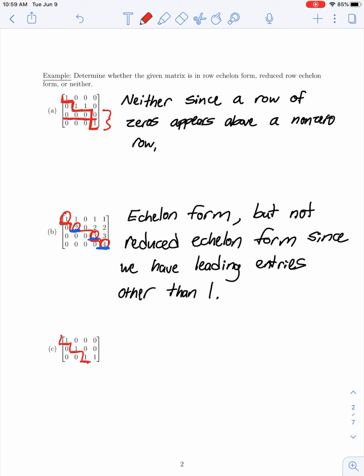Now the question is, is it in reduced echelon form? So here we see that each of our leading entries is indeed 1. So it satisfies that condition number 4. And then for each of these leading entries of 1, we see that we have all zeros in the columns which contain those leading entries.